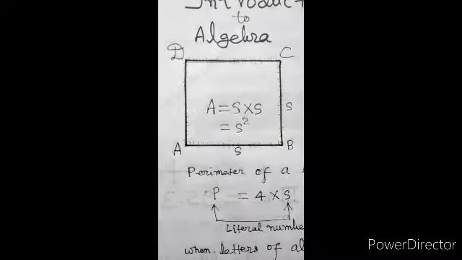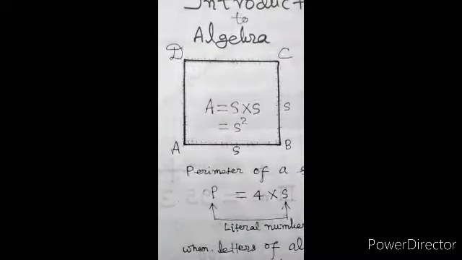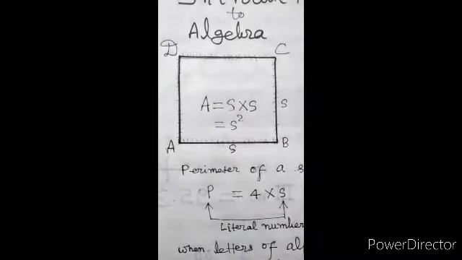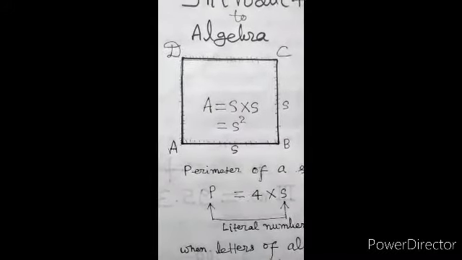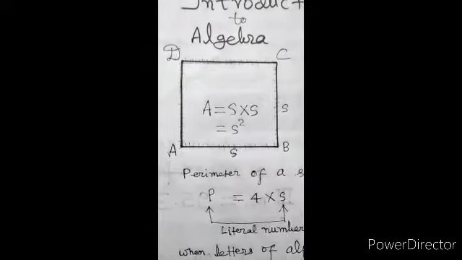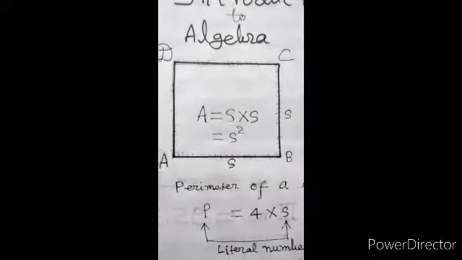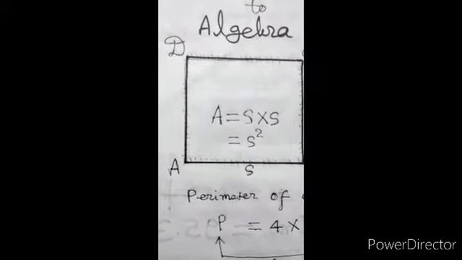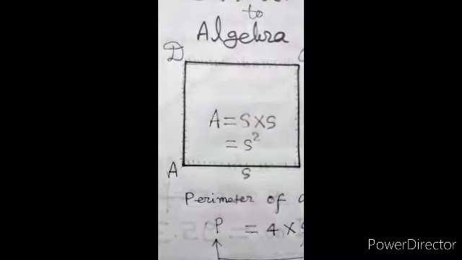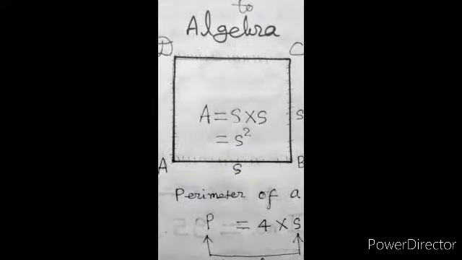All line segments are of equal length, as AB is equal to BC is equal to CD is equal to DA, and they are perpendicular to each other. So this closed figure is a square.